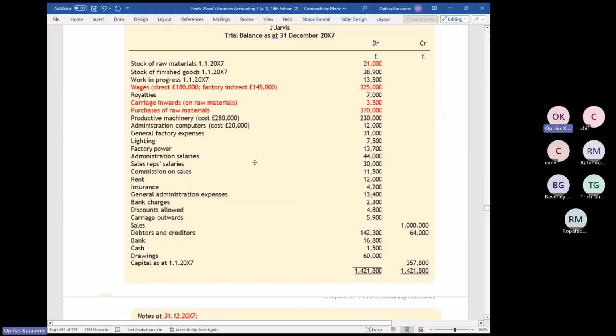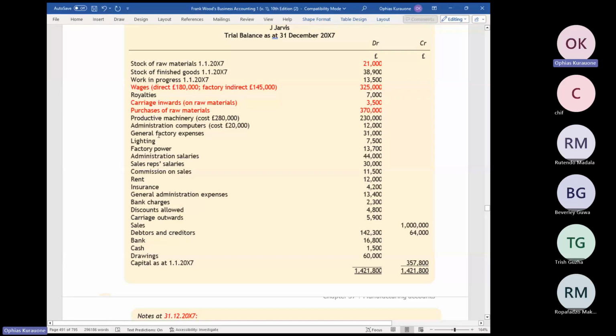Then direct labor. We are given our direct labor here. When we come to our trial balance, we have production, machinery, administration, computers, general factory expenses.